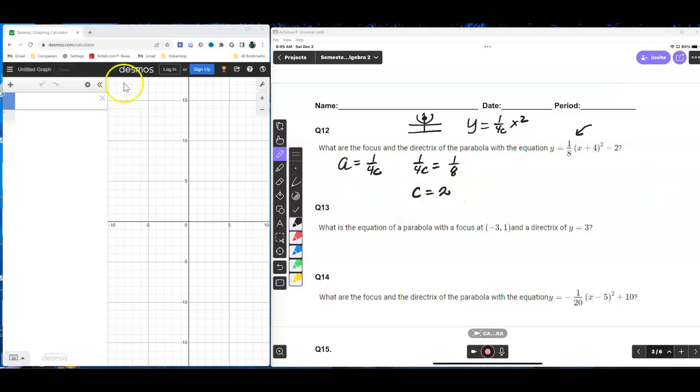So I'm going to come over here and I'm going to graph the focus. 0, 2. That's the focus. Now the directrix is going to be y equals -2.